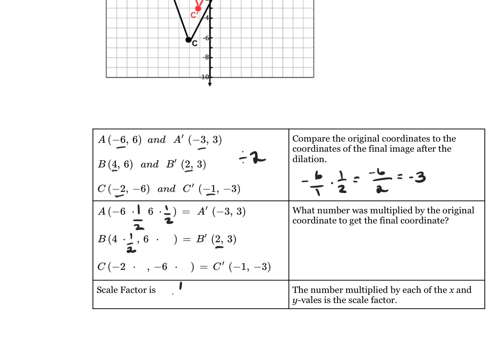Okay, so my scale factor is 1/2. So anytime you see the coordinates getting smaller in value, we're going to have a reduction and a scale factor that is a fraction. If our dilation is an enlargement, then we are multiplying by a whole number.